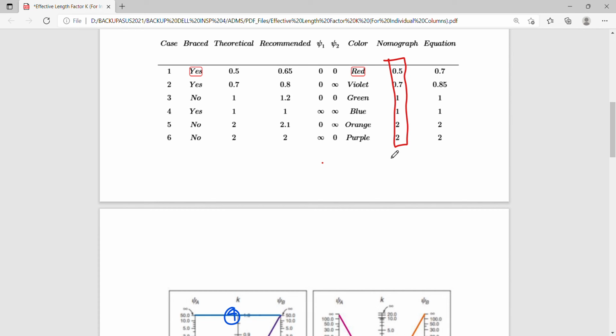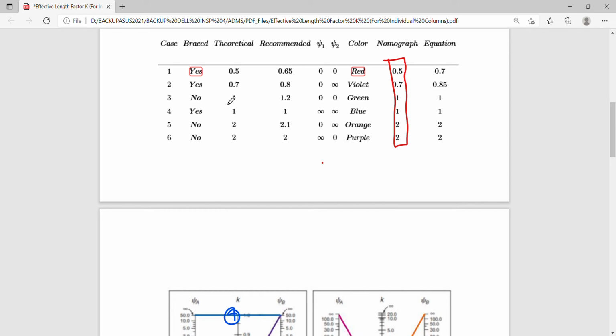For case 3, 4, 5, and 6, we have values of psi involving 0, 0, infinity, infinity, and 0, infinity, infinity, 0.